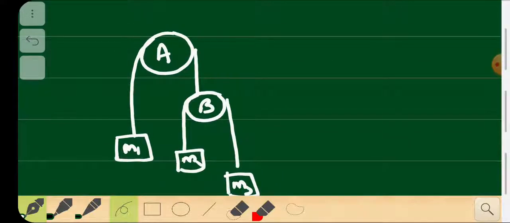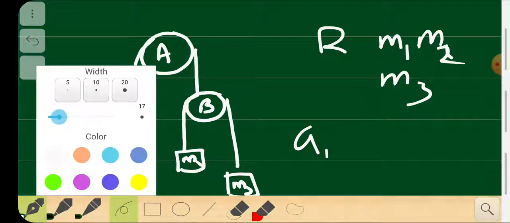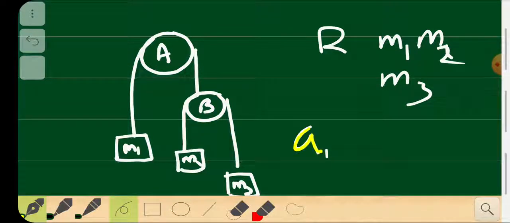Each pulley has a radius r, and there are masses m1, m2 and m3 hanging onto these pulleys. That's all we know. Now what do I need to find out? I can find the acceleration of each of these masses: a1, the acceleration of m1, then a2, the acceleration of the second mass, and then a3, the acceleration of the third mass.